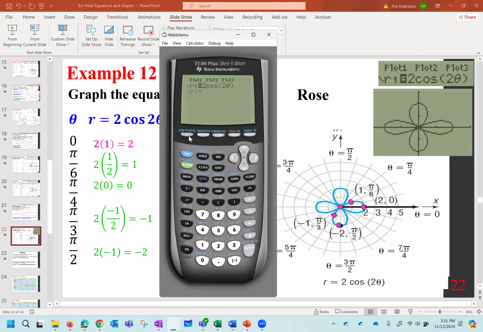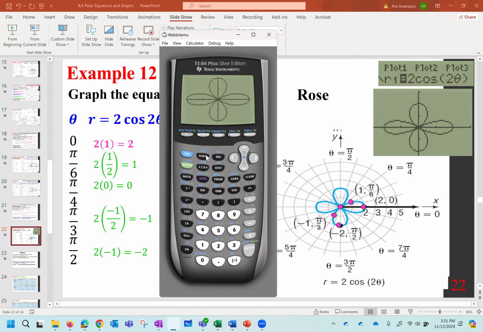If I click on Y, first of all, if you look at the mode, everybody, if you come on down, see its function, parametric, polar, it's on polar, so we're fine. Second mode. Then you go to Y and you put 2 cosine 2 theta, we are fine. And then if you graph it, it brings up the graph.